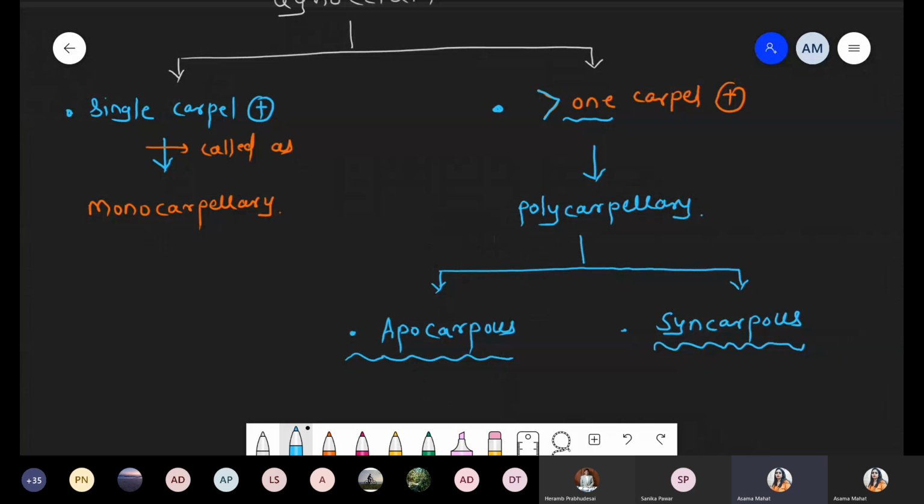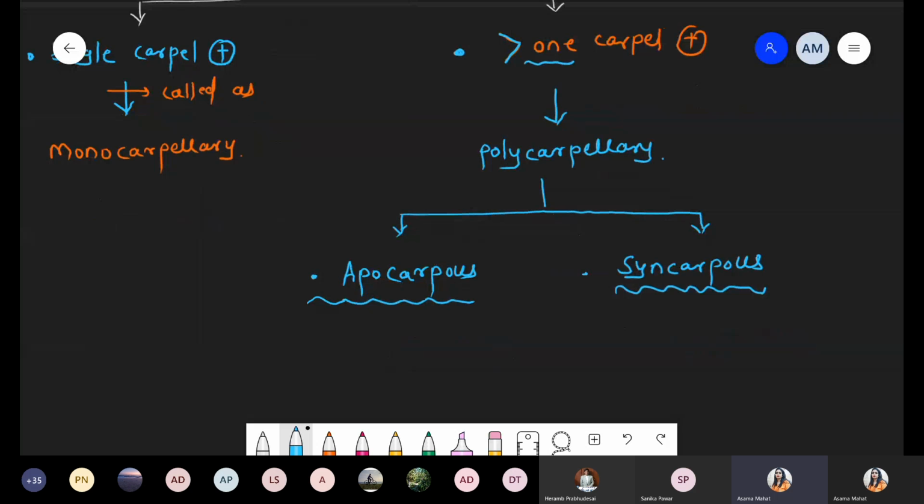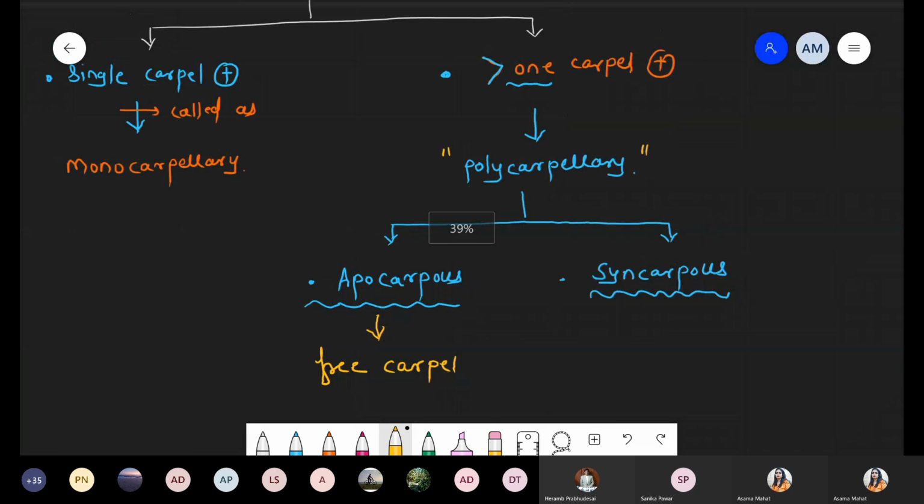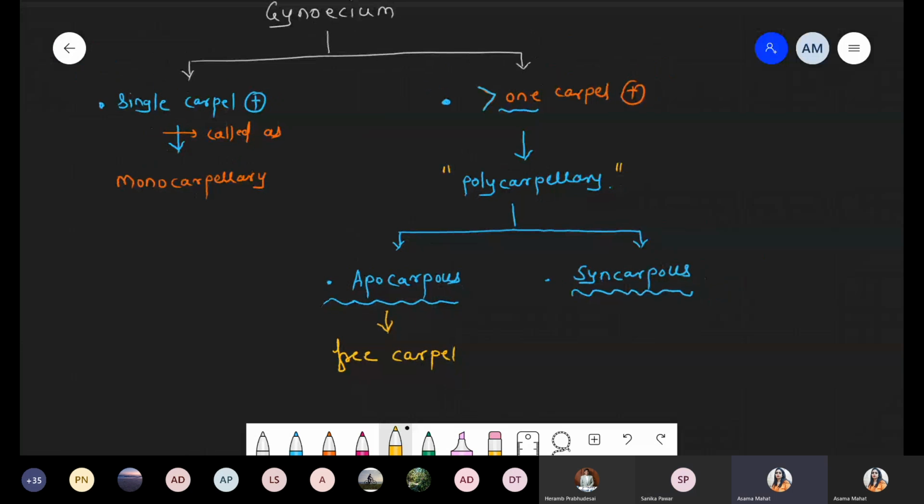If you read the NCERT, you will get this word. Apocarpous means many carpels, more than one carpel, and those carpels are free. The word apo represents free carpels. Under polycarpellary, we are talking about apocarpous.